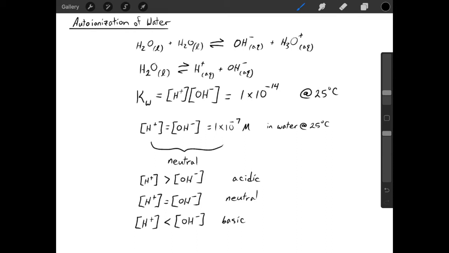And the thing that makes this so useful and important is that it's true for water, and it's also effectively true for aqueous solutions. Although an aqueous solution is going to have other ions and things in the solution, their effects are often negligible, so that most of the time we only ever need to consider H plus ion concentration and OH minus ion concentration.